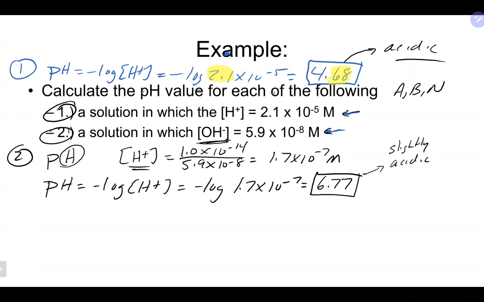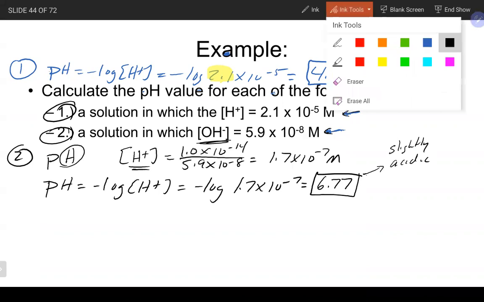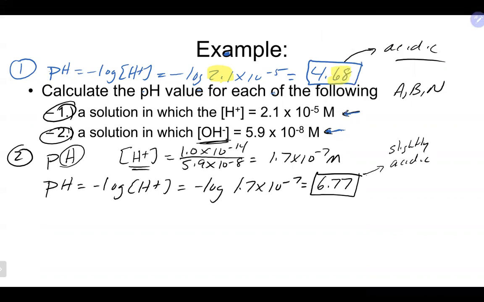Now, if you plugged this number into the equation, not realizing that it was the OH minus concentration, you obviously, as we just talked about, did not calculate the pH of the solution. The kind of good news is you did calculate something.